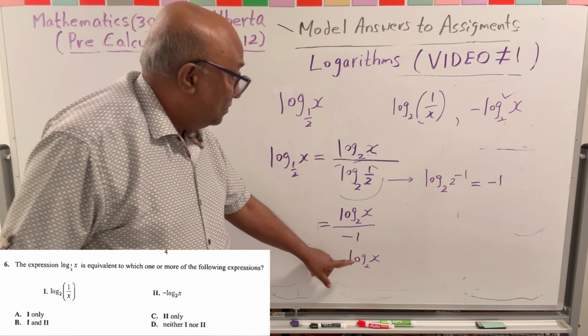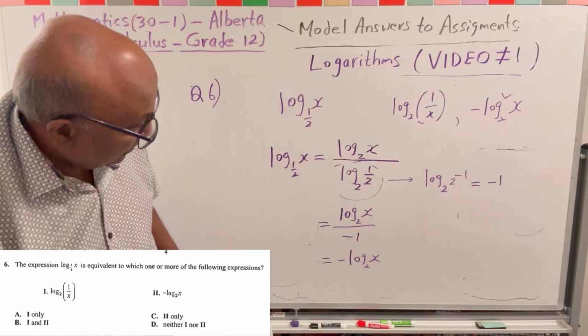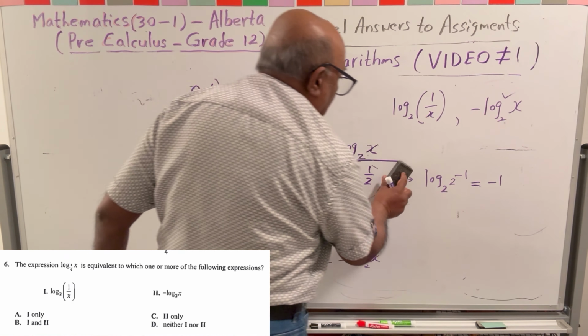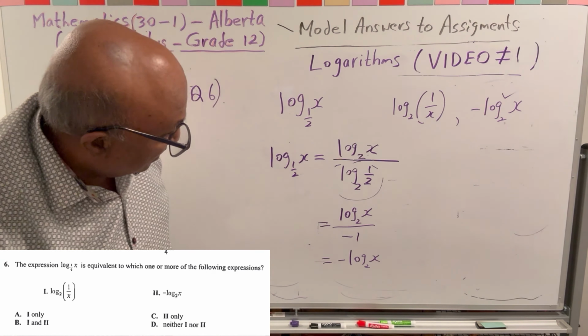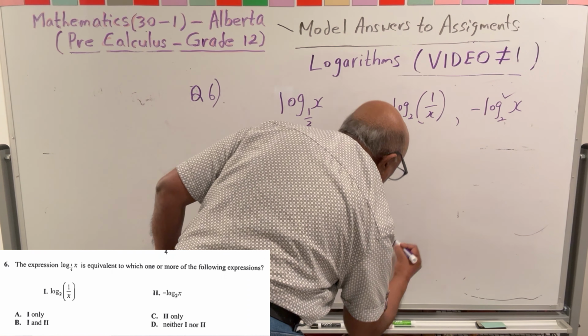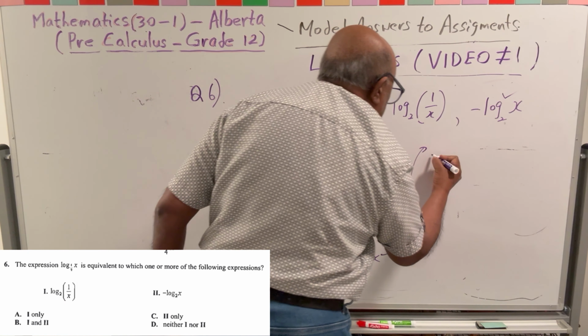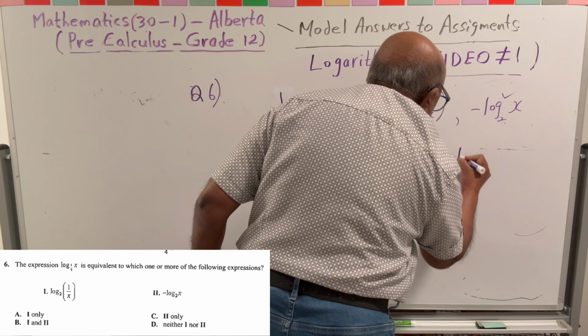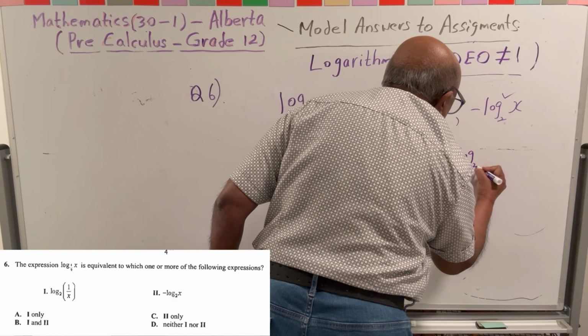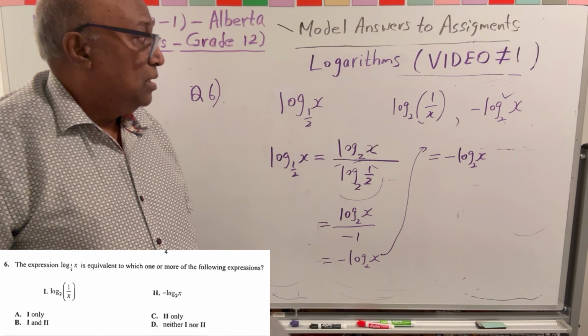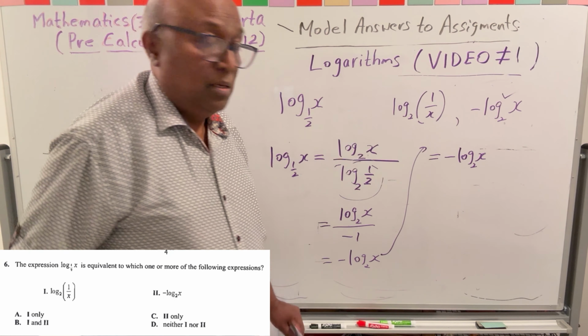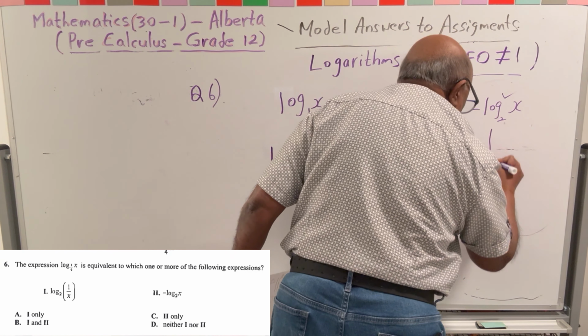What's the other one? In order to decide the other one, let's continue the same thing, okay? Still this is equal to minus log 2 x.